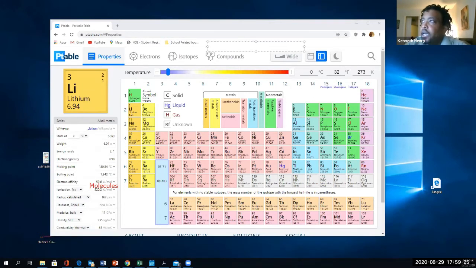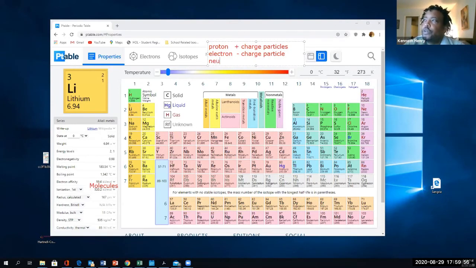We have the proton, which is a positively charged particle. We have the electron, which is a negatively charged particle. And then we have the neutron.